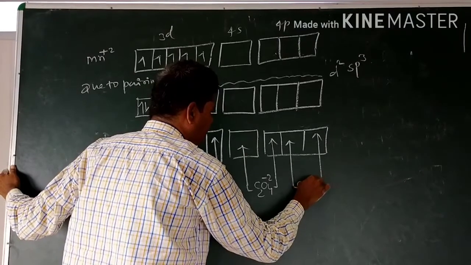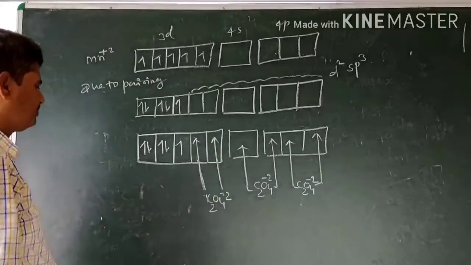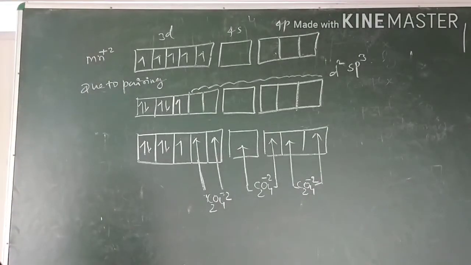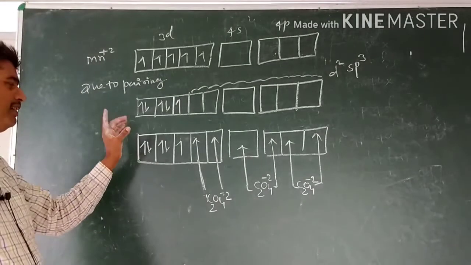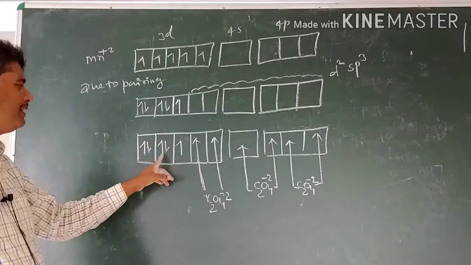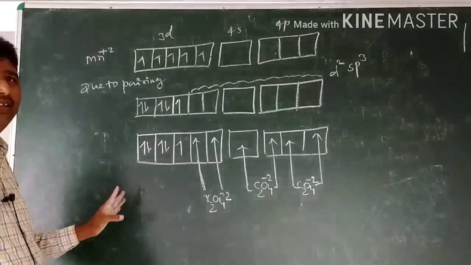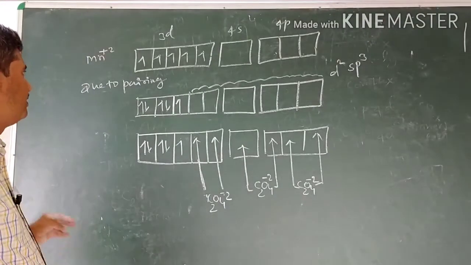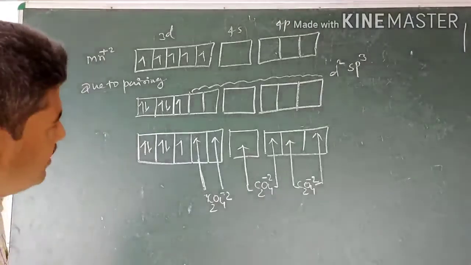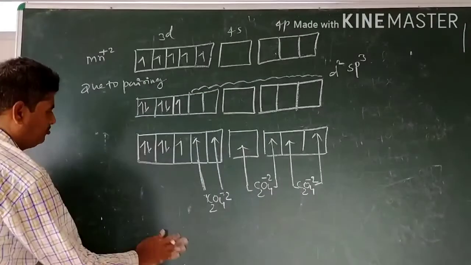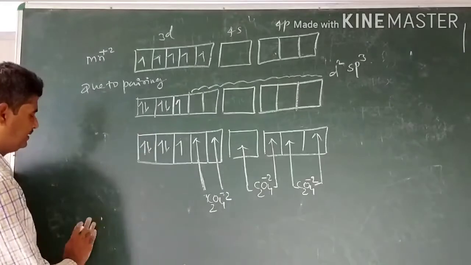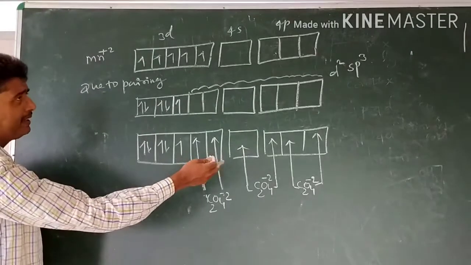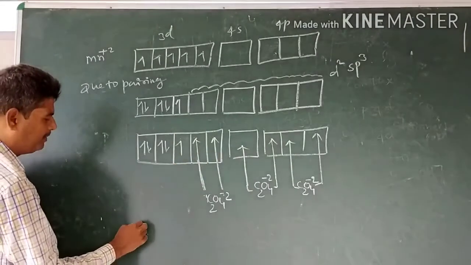The shape will be octahedral and the nature will be paramagnetic due to the presence of one unpaired electron. The inner d orbital participates in the bond formation, hence it is an inner orbital complex.